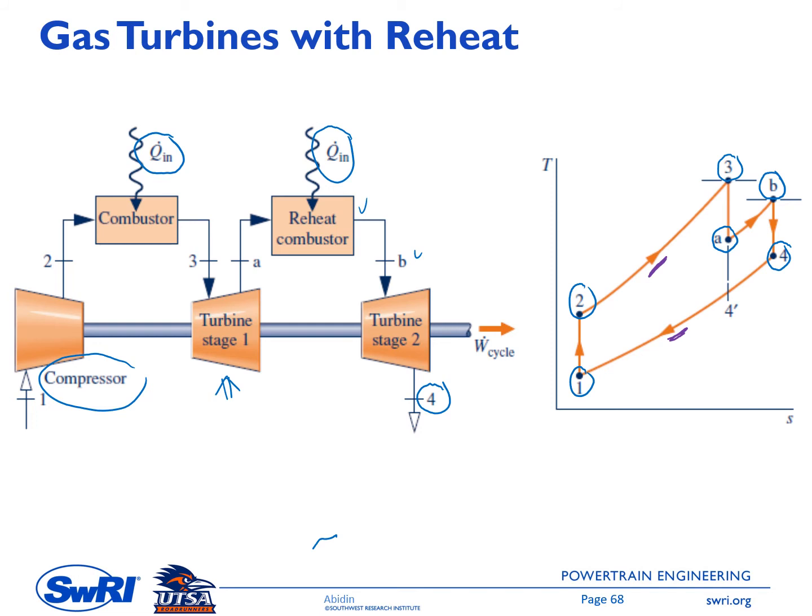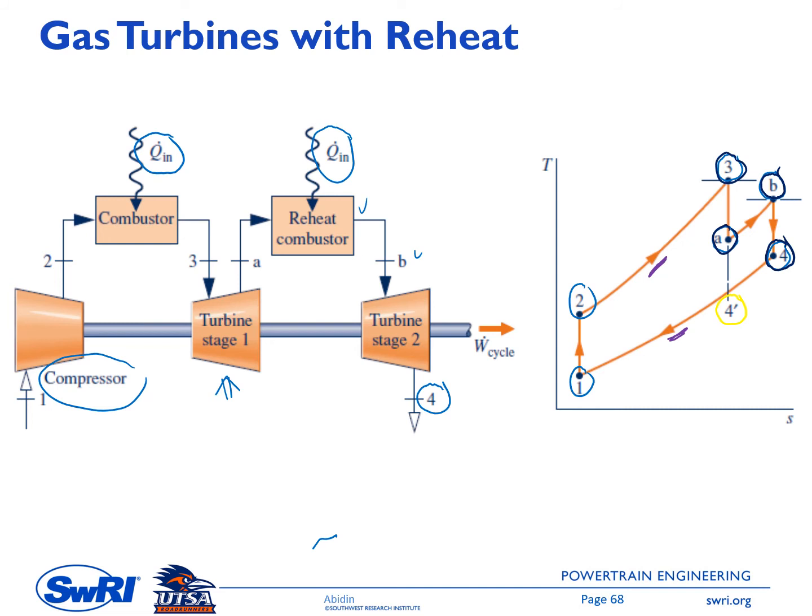Once again, this is because the length of the line connecting point 3 to point 4 prime here is shorter than the length of the line connecting point 3 to point A plus the line connecting point B to point 4.